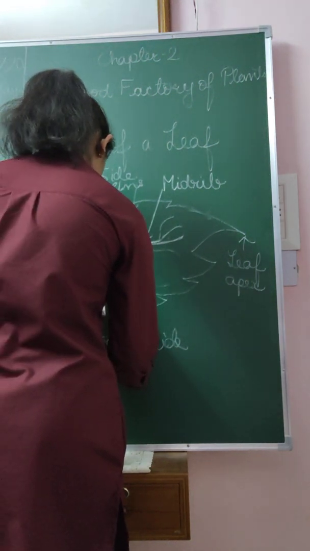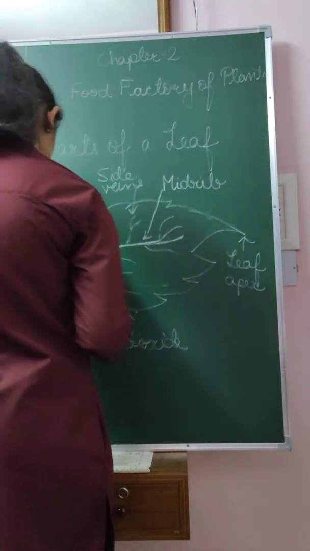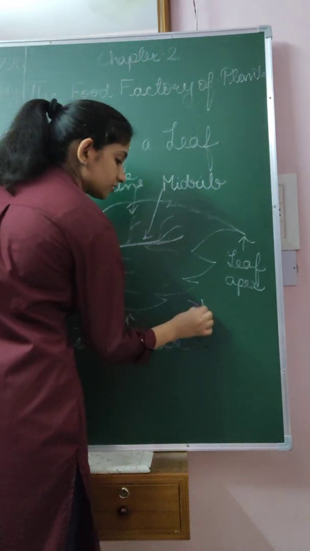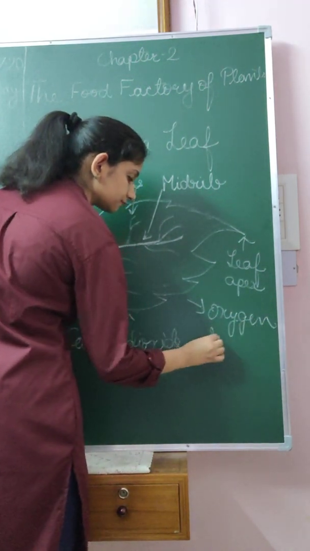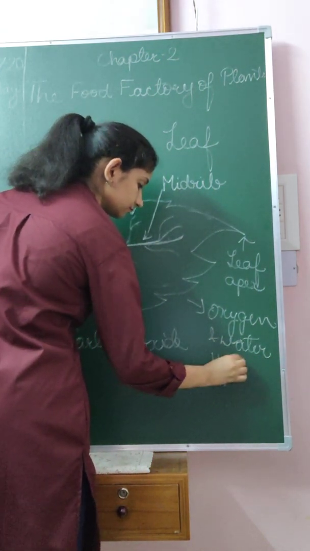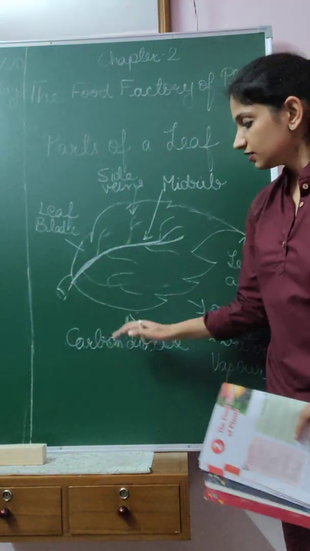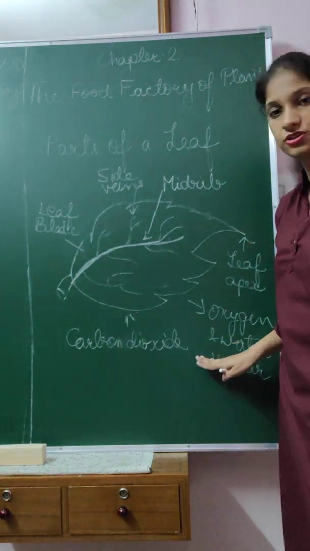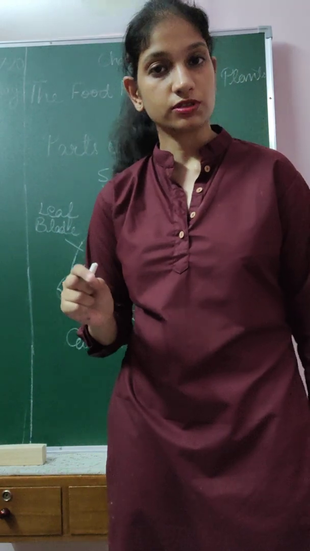Okay, and then what is written next? Oxygen and water vapor are released. So during photosynthesis, स्टोमेटा जो लीफ के अंडर साइड में होता है वहाँ से कार्बन डाइऑक्साइड अंदर जाता है और ऑक्सीजन एंड वाटर वेपर बाहर आता है, बिकॉज दीज आर द स्मॉल टाइनी पोर्स, राइट.